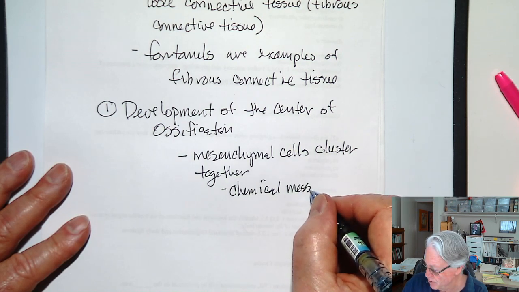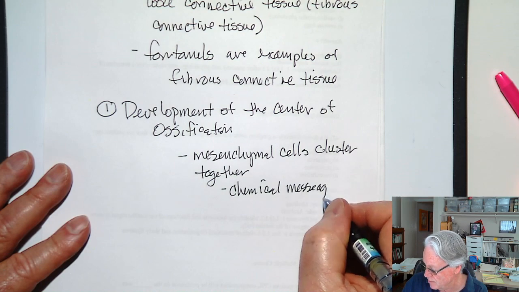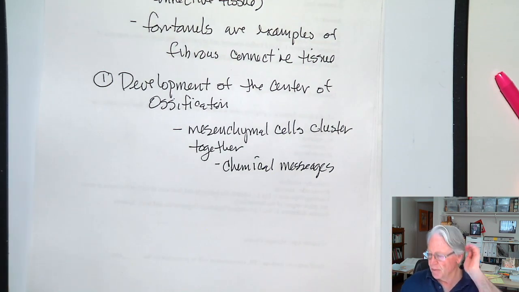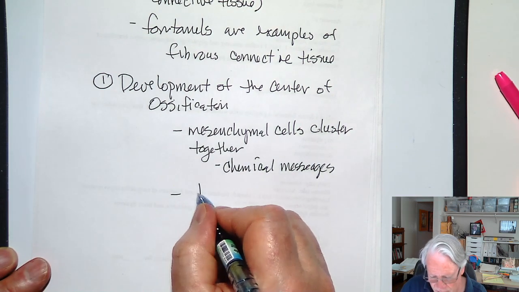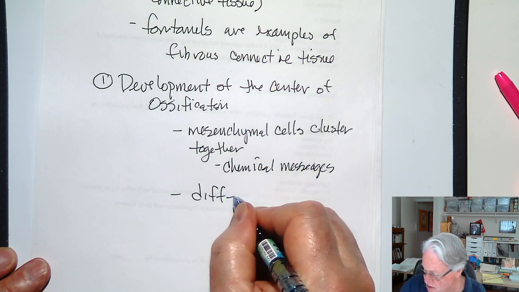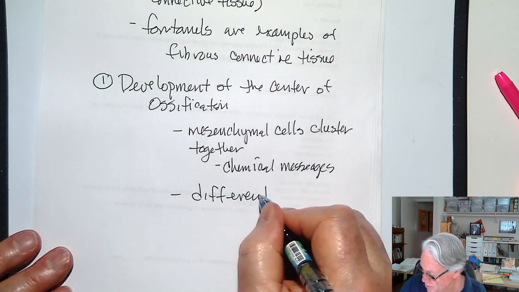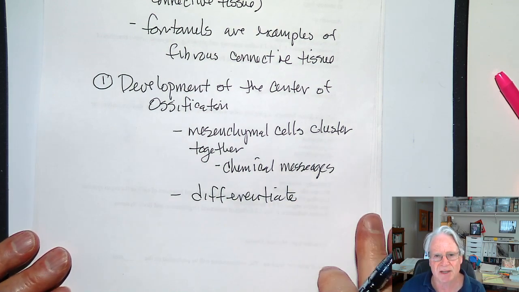And a lot of what we're going to talk about is driven by a complex environment of molecules which are directing the cells to behave in certain ways. And so there are chemical messages that are being produced within an area that cause the mesenchymal cells to cluster together in that area, and then they will differentiate. Again, differentiation, a change in the nature of the cell, is going to be initiated by these types of molecules we've been talking about.